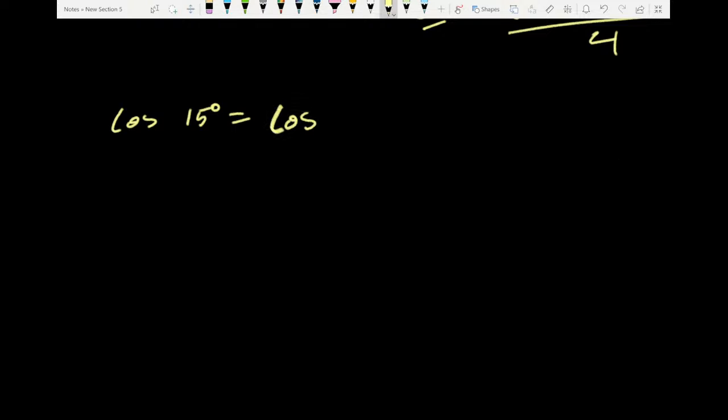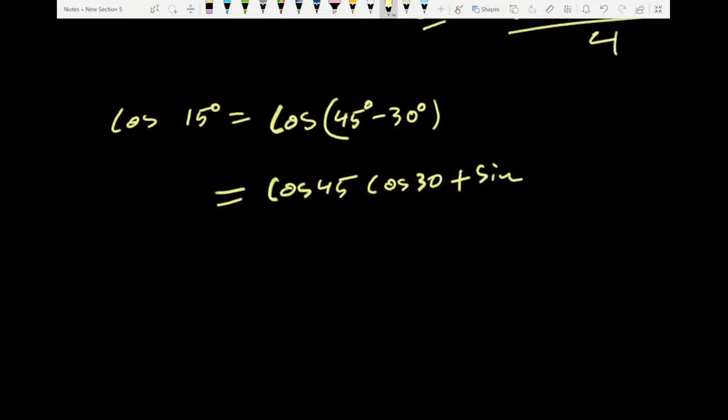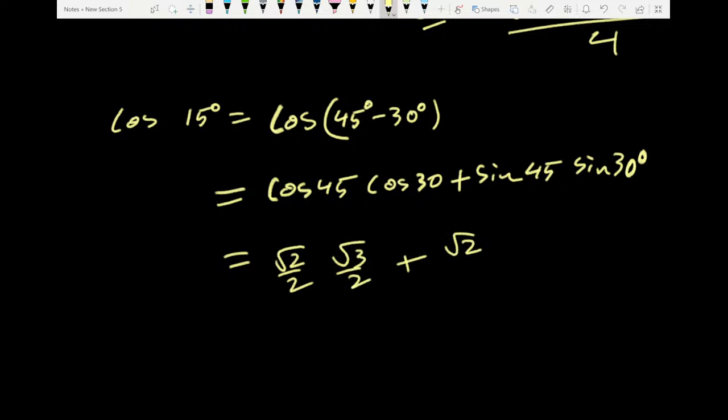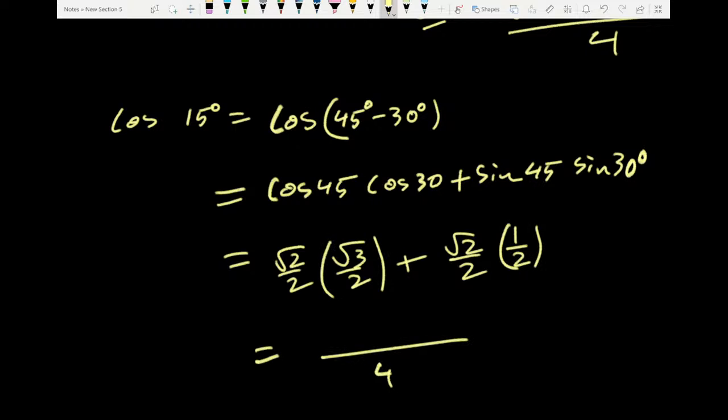You get cosine of 45 minus 30. And we could expand that because it's a difference one. You get cosine of 45 cosine of 30 plus sine of 45 sine of 30. And we know the exact answer for each of them. Square root of 2 over 2 times square root of 3 over 2 plus square root of 2 over 2 times 1/2, which is just square root of 6 plus square root of 2 over 4.